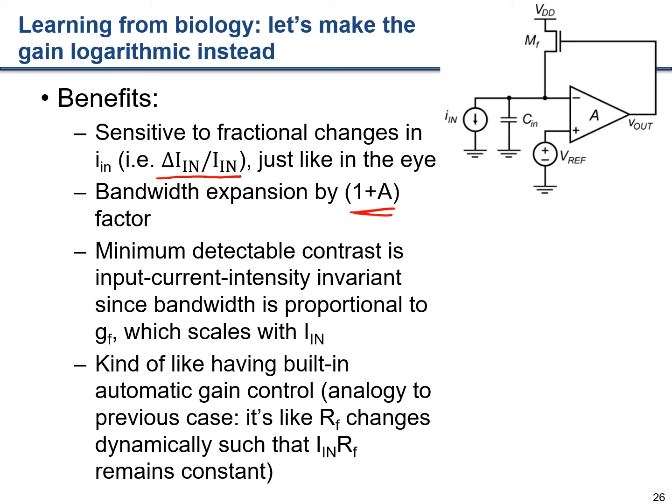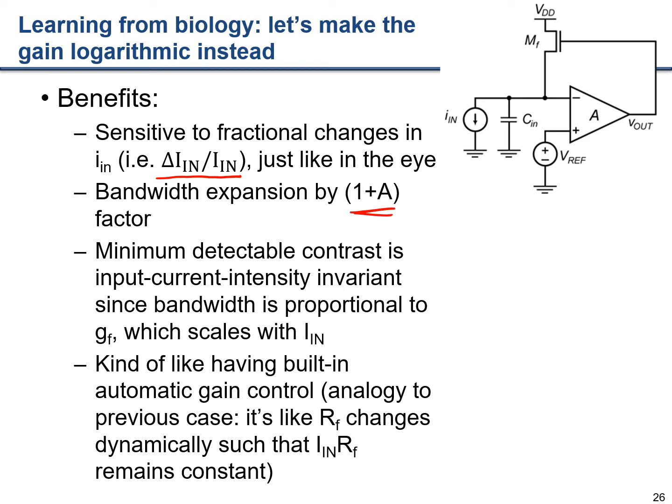We still get our bandwidth expansion of 1 plus A. Our minimum detectable contrast is now input current intensity invariant, since the bandwidth is proportional to GF, which scales with I in. So this whole circuit is actually very beautiful. It's kind of like having built-in automatic gain control. It's kind of like this feedback factor, which was previously RF, but now is this transistor MF, changes dynamically such that I in times RF remains constant.